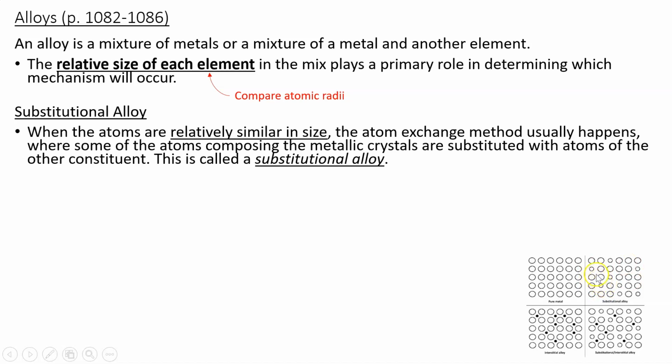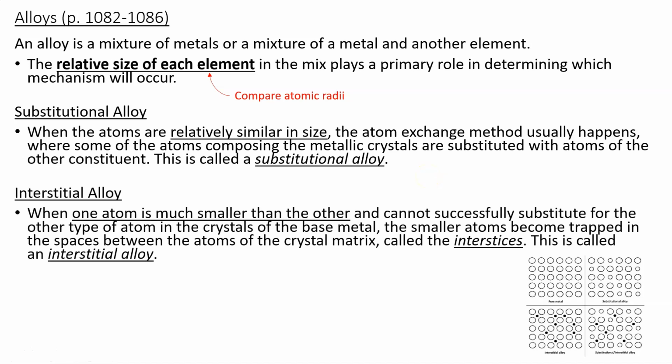The atoms are not very different in size. They're a little different, but they're pretty close to the same size. The atom exchange method usually happens where some of the atoms composing the metallic crystals are switched out, so they're substituted with the atoms of the other constituent. This is called a substitutional alloy.